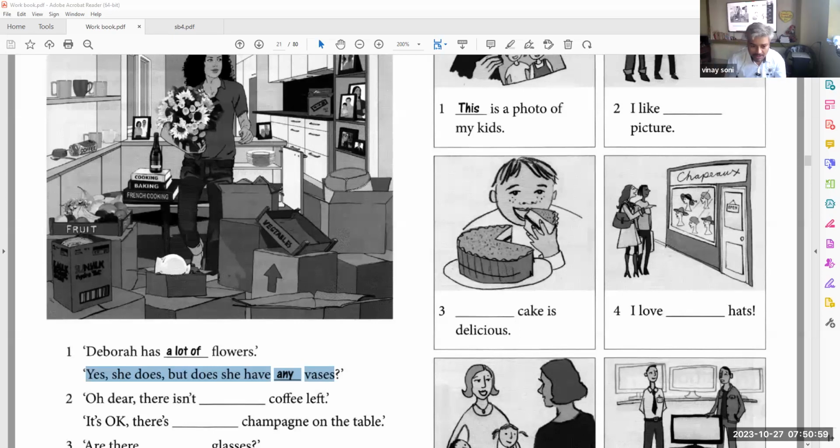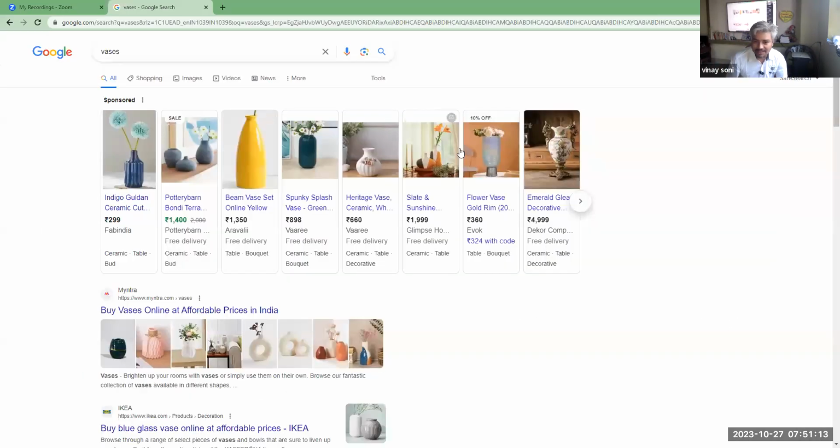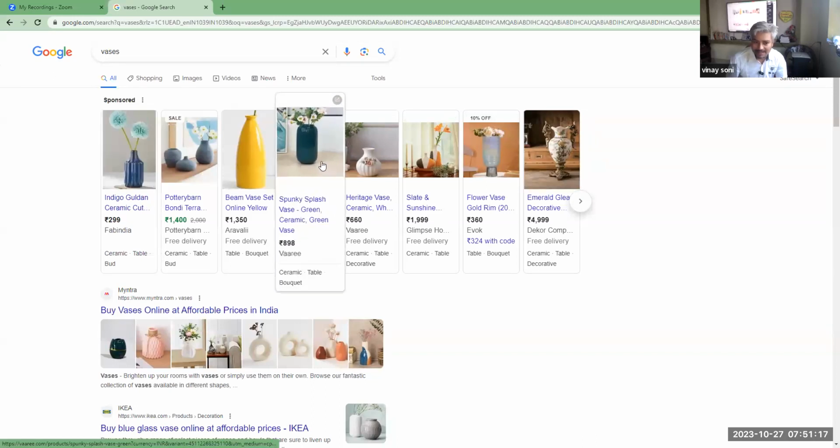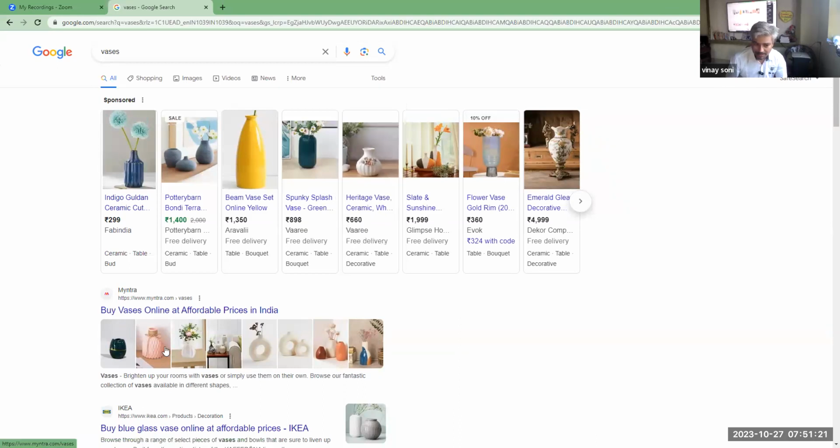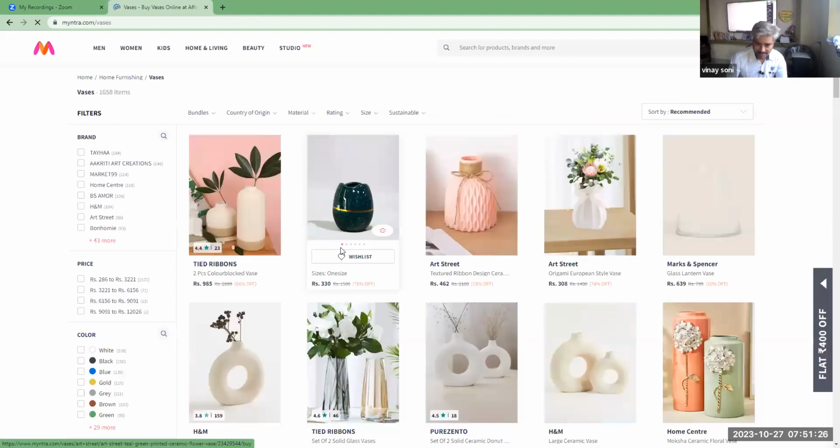I will show you some vases. Take a look at vases. I'm pretty sure you have some vases in your living room as well. These are vases, guys. Plural, vases. A vase.